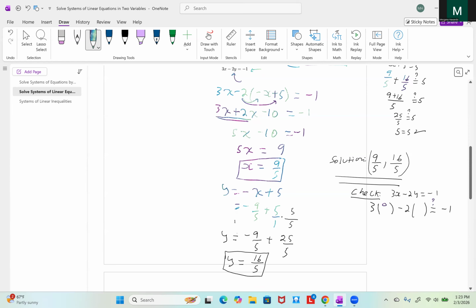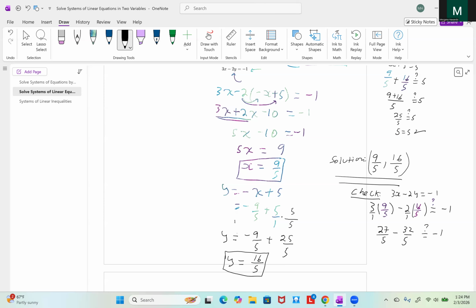Multiply. The denominator is 1, the denominator is 1. So we multiply the numerators and then we multiply the denominators. 3 times 9 is 27. 1 times 5 is 5. Minus 2 times 16 is 32/5. This is equal to -1, question mark.